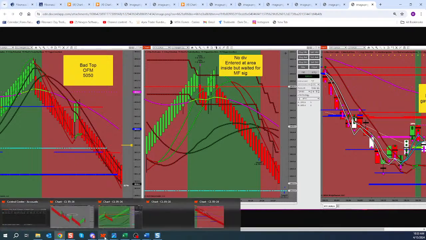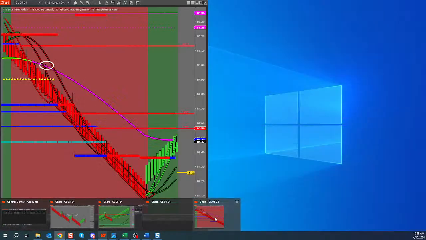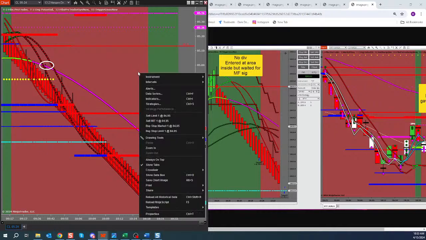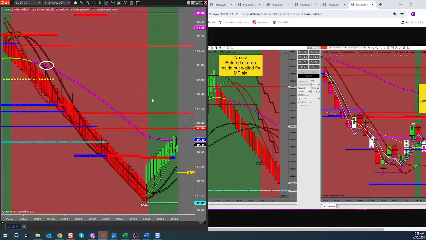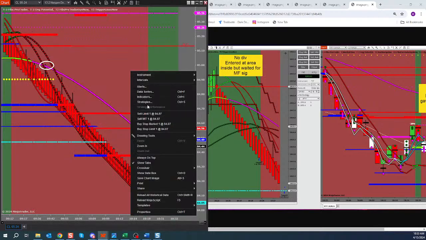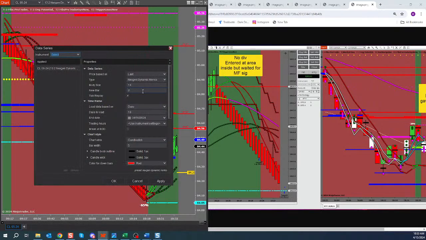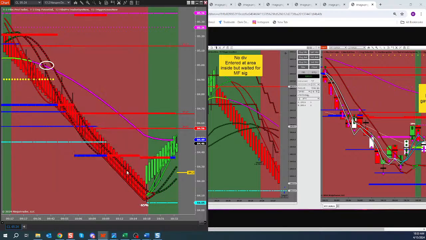So Cisco, on your large chart, right click on it and go to indicator. I'm sorry, not indicators, my bad. Right click on it and go to data series and make sure that tick replay is put in there. If it's not, it won't pull those fibs over from the other time frames.